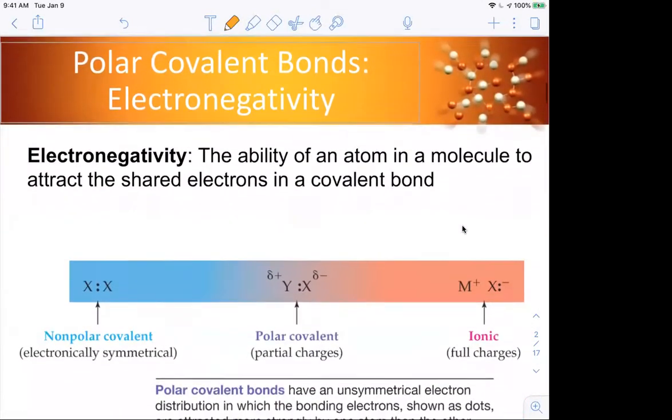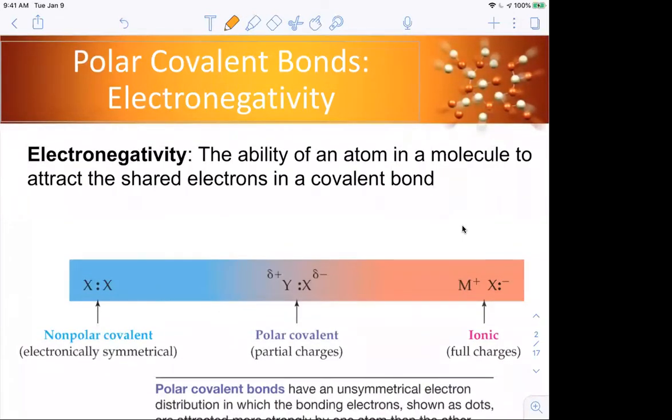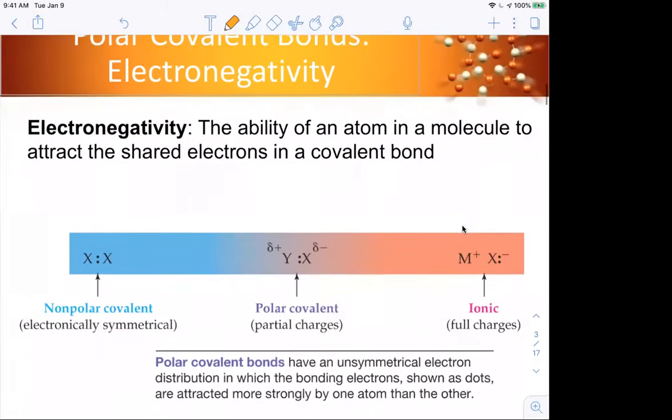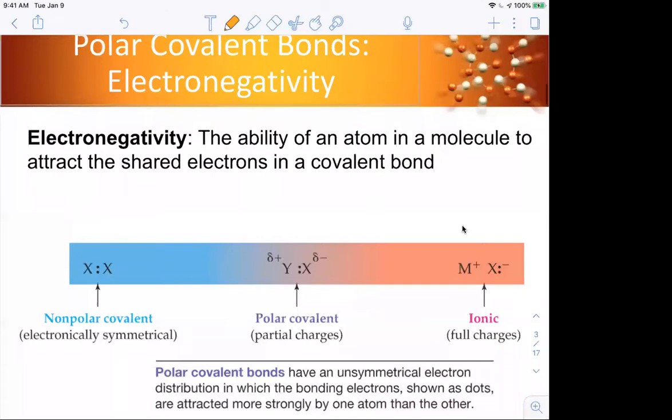We know that there are several different types of covalent bonds. I can have nonpolar and I can have polar bonds. In order to determine if my bond is polar or nonpolar, I need to look at the electronegativity of the atoms that are engaging in the bond.